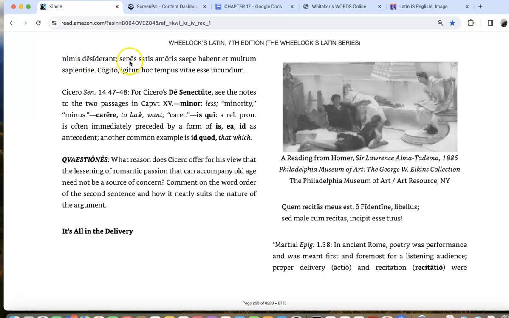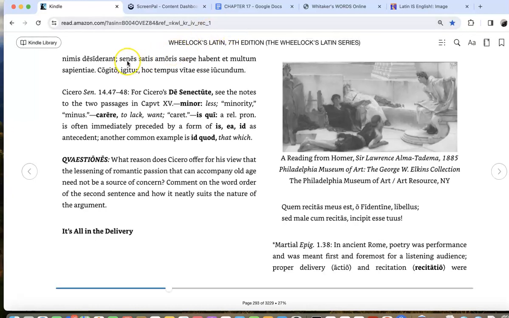But then we go on to sene satis amore saepe habent, and then senes, old people. Again, that kind of misses the point too, in that senes for Cicero is someone who has wisdom. Think of Plato's philosopher king. When we say old people, we tend to think of people in some retirement community.